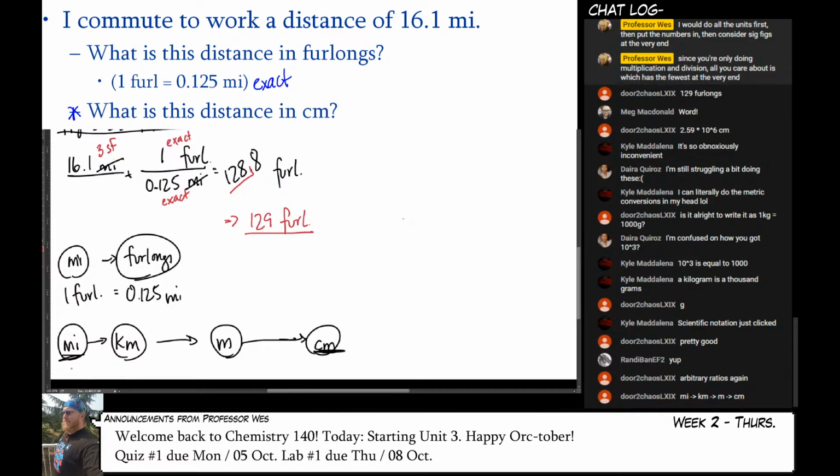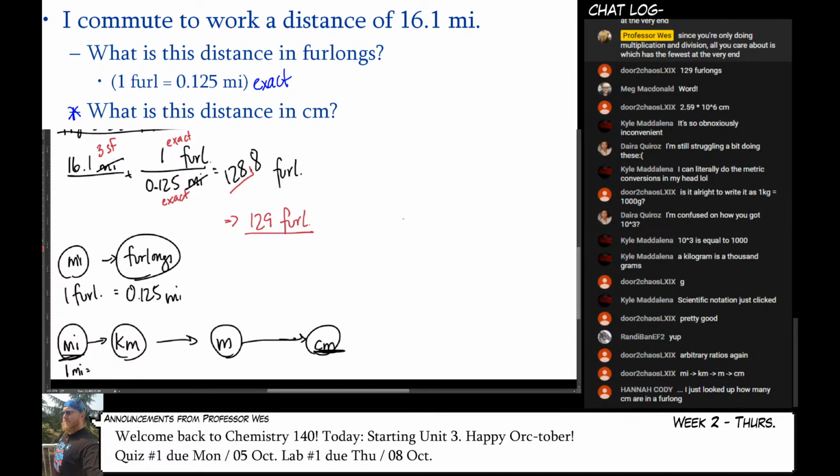All right, so let's write down these conversions. So in a mile, there are, I don't remember how many kilometers there are in a mile. It's like 1.609. So mile to kilometer.